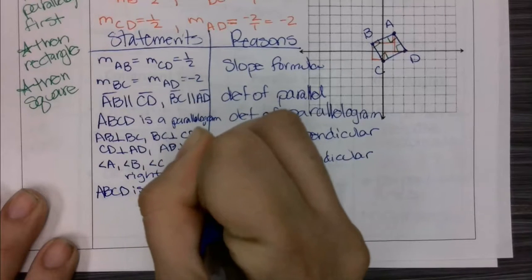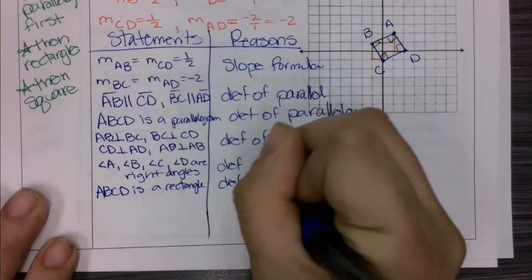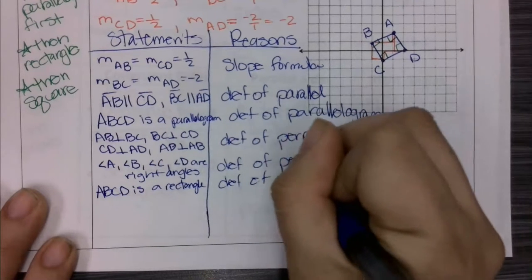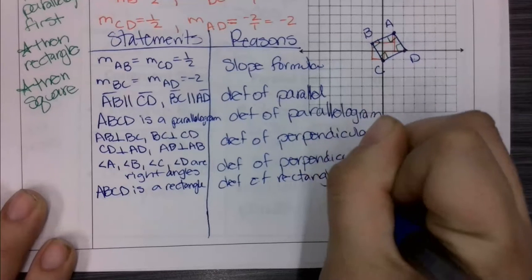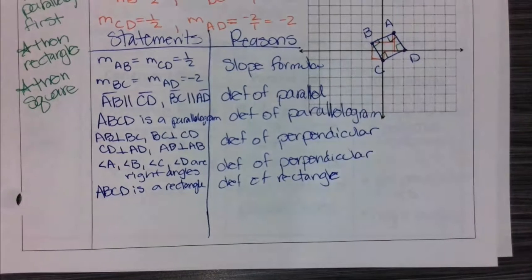What do I need to prove to say it's a square? Squares have 4 right angles and 4 congruent sides. So I need to say I have my 4 congruent sides.